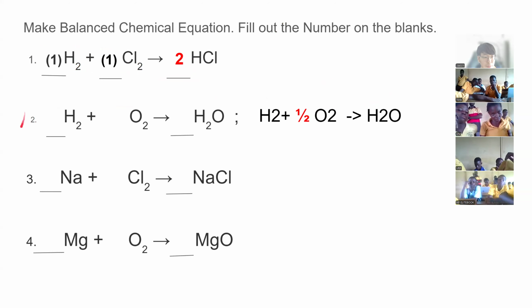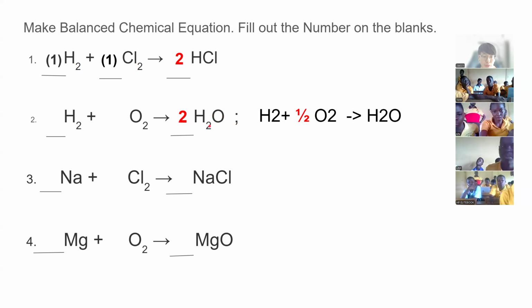Let's look at the second example: H2 plus O2 combines to form water, H2O. Since we have 2 oxygens on the left and only 1 oxygen on the right, we can multiply the water by 2.